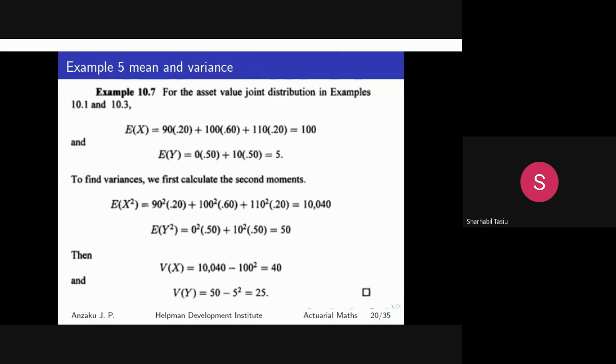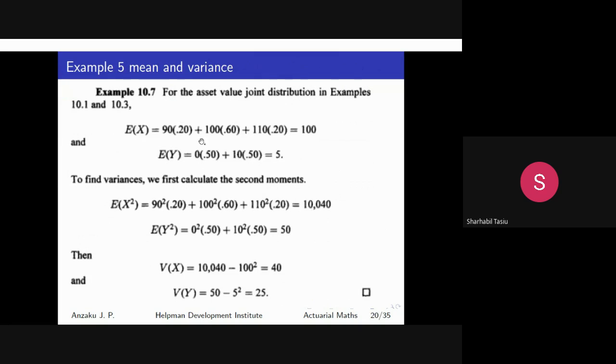For the asset value joint distribution in examples 1 and 3 above, remember expectation is the sum of the probability times the random variable. Remember the formula for expectation? We're going to do it more when we start calculating premiums, and I believe maybe they must have started teaching that in some of our other classes.